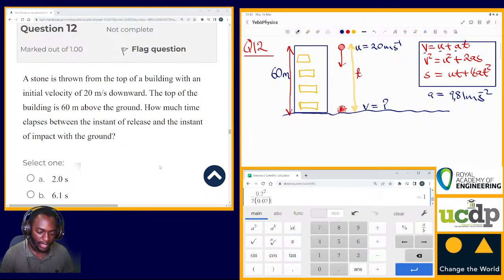So which equation can we use to find V? We've got U, A, V, and S. So we can use the second equation. We're looking for V, we have U, A, and S. What do you think?